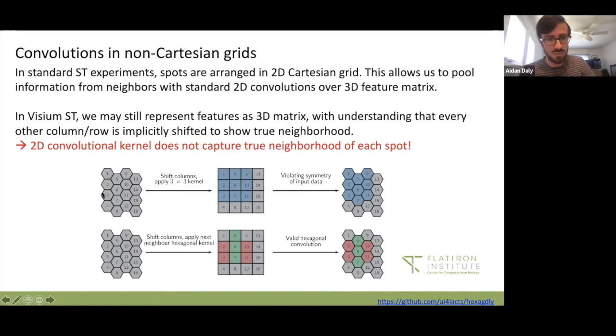If you were to represent this honeycomb as a regular grid by just shifting up every other column, then taking a matrix and scanning it over doesn't actually show the true 6 neighborhood of the spot. This spot 6 here should have neighbors 2, 5, 10, 11, but not 1 and 9. So what you need is this weird kernel that doesn't look like a regular matrix to actually get the true neighborhood of the spot.